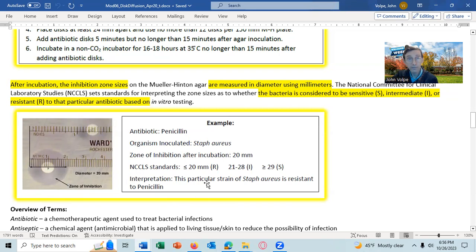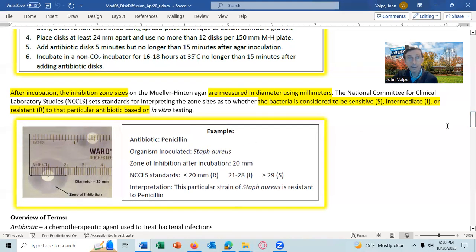And then compare this zone of inhibition to a table set up by NCCLS, the National Committee for Clinical Laboratory Standards. That's what NCCLS stands for. They have the table showing you the size of the zone of inhibition for each antibiotic, for each bacterial strain.